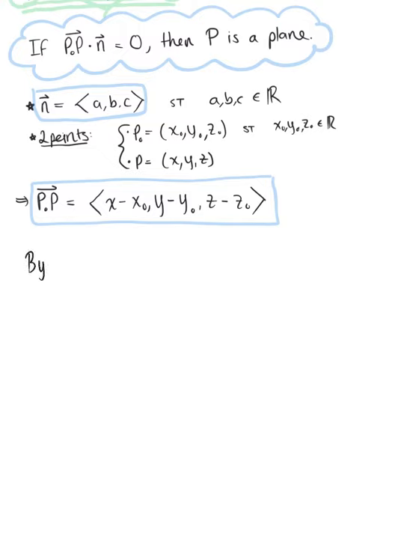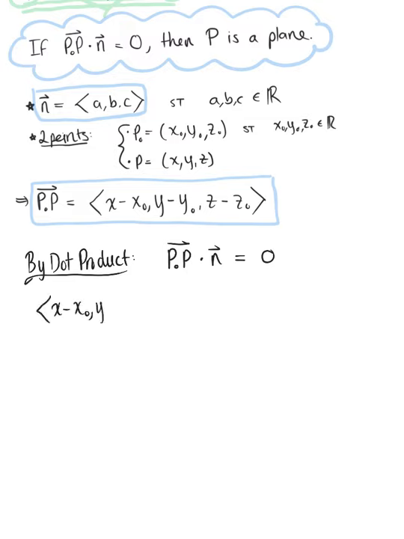By the dot product, we have the following. So again, keep in mind, we are doing the dot product of the vectors p naught p and the normal vector n. And we know because they're orthogonal to each other, their product should be 0. So plugging them in, we have x minus x naught, y minus y naught, and z minus z naught.